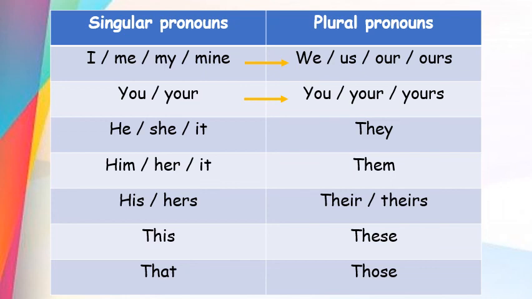He, she, it changes to they. Him, her, it changes to them. His, hers changes to their or theirs. This changes to these. That changes to those. So now, children, you know which pronoun to replace in singular and plural.